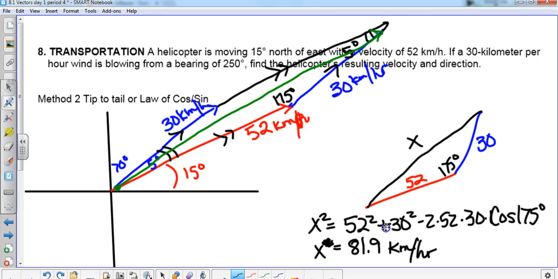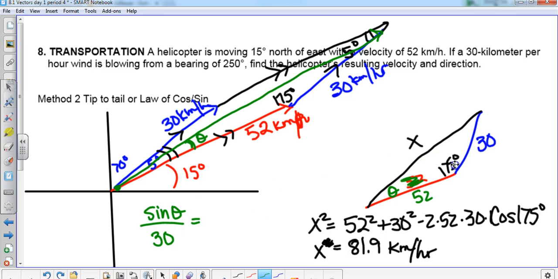It seemed a little bit easier, but remember we skipped all the fun at the beginning of finding that angle. The other thing we would need to find is the angle that it's pushing it off in here, which is actually this angle. Look at my picture. I should write the 52 out here and not in here, but the sine of that angle theta, I'm using law of sines here, is across from a side that's 30. Everybody okay?